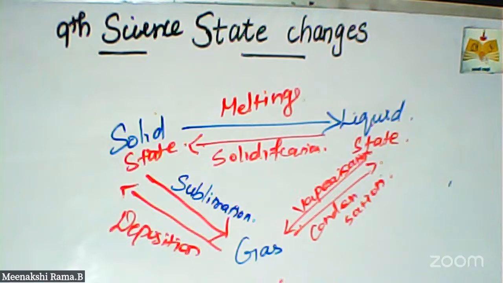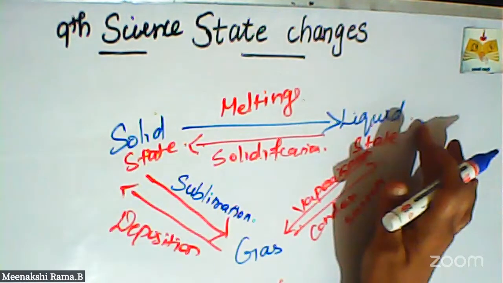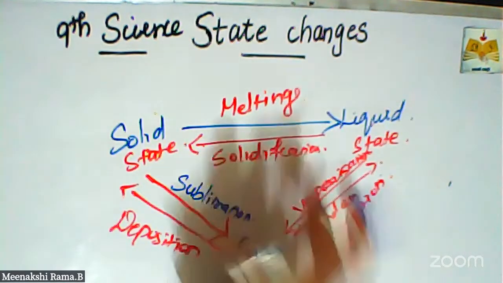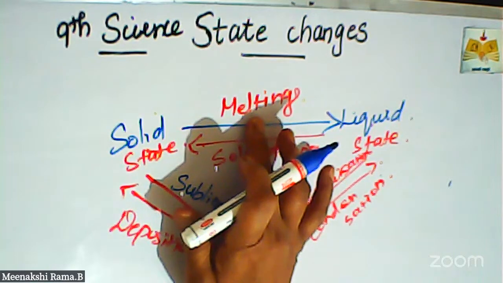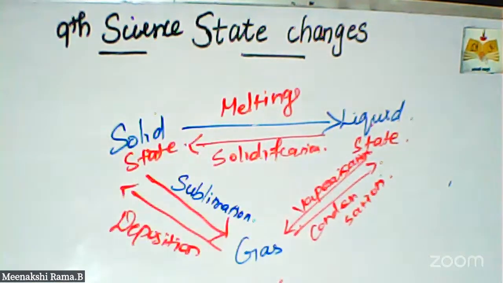The phase change that occurs when a solid substance turns into a liquid substance is called melting point. And next one is vaporization. Liquid is changed into gas. So that is called vaporization.